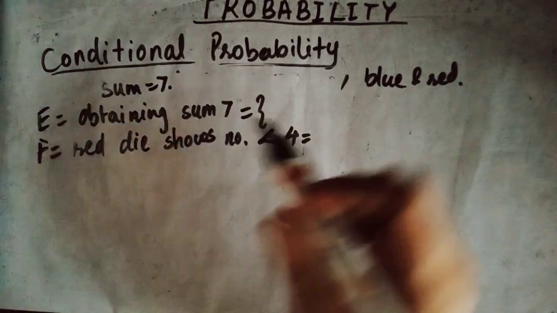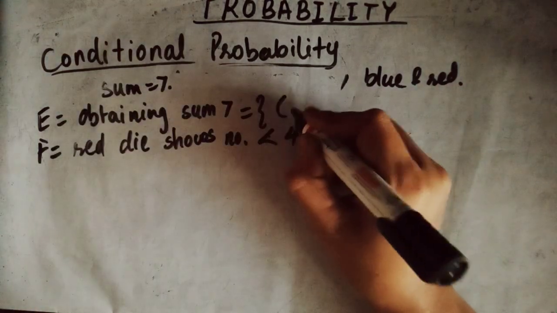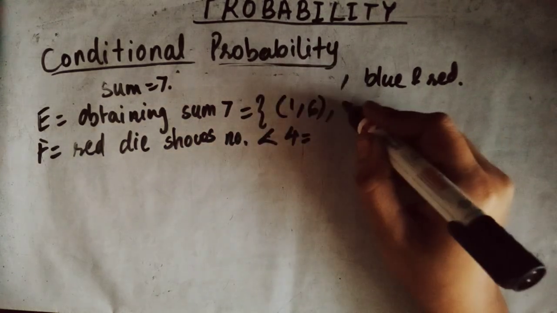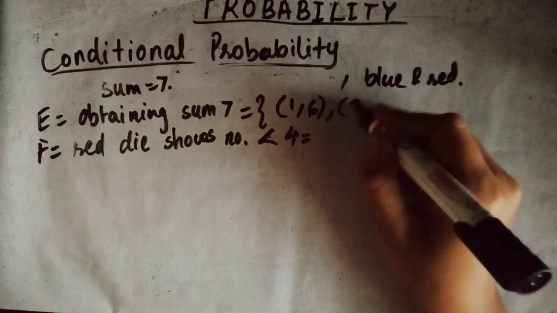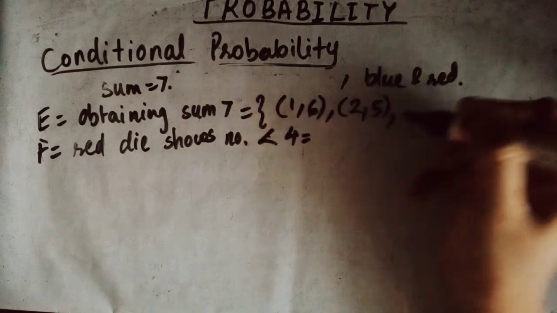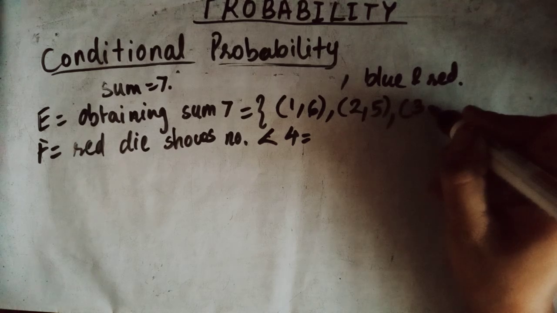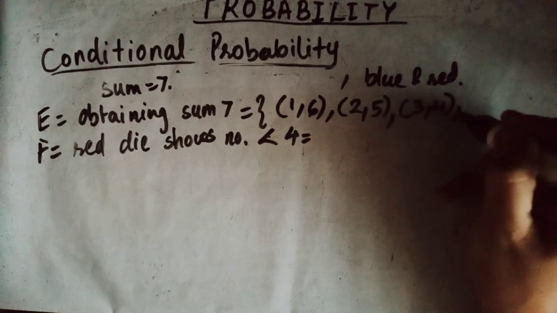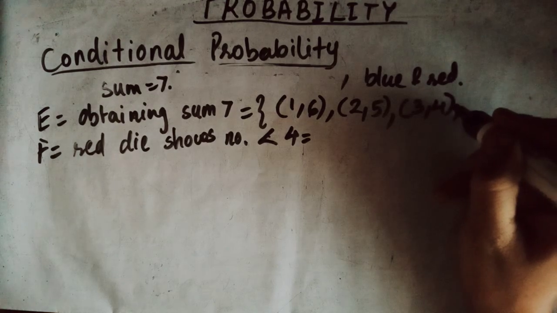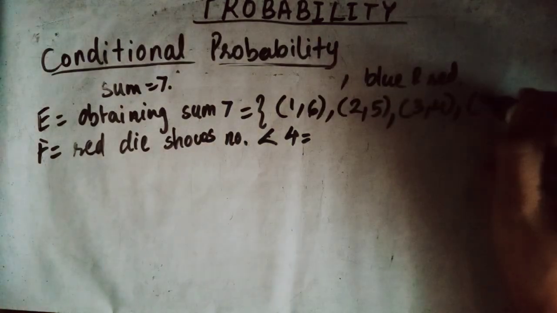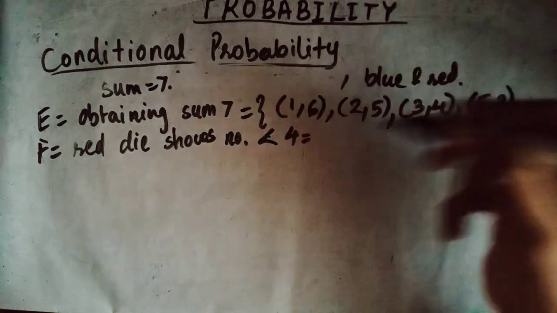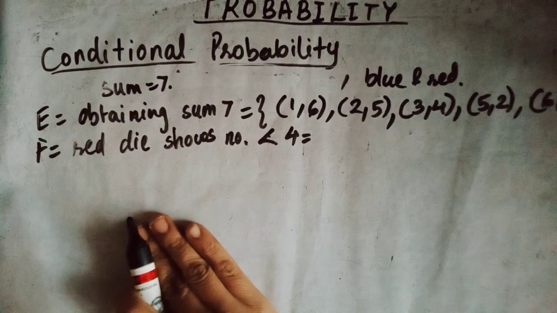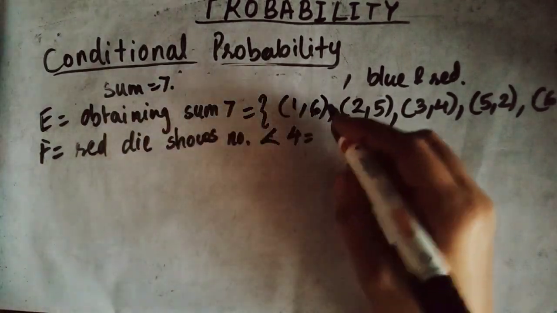So your event E will be obtaining a sum 7. So start with 1 and 6, then 2 and 5, then 3 and 4, sum 7. Okay, and again 5 and 2, and 6 and 1. Okay, then the red die shows a number less than 4.